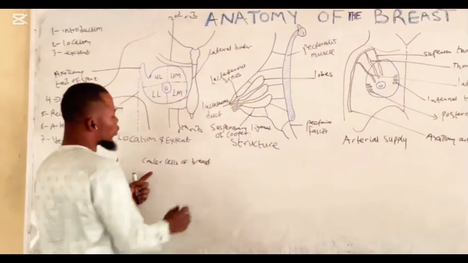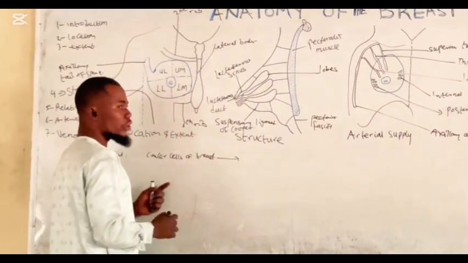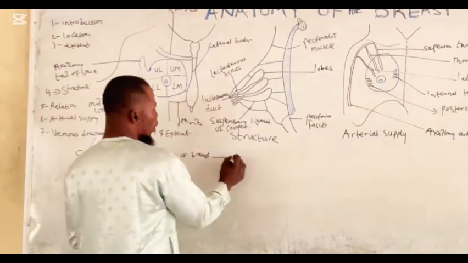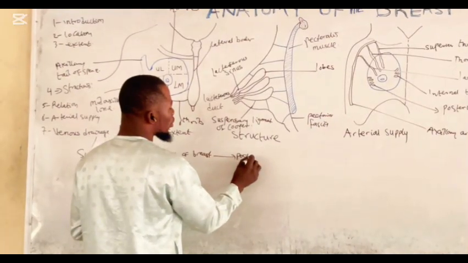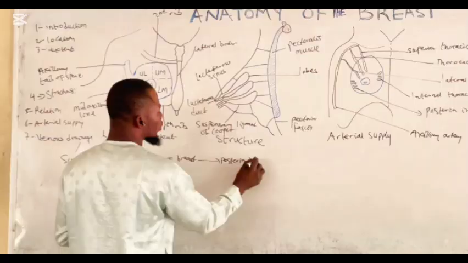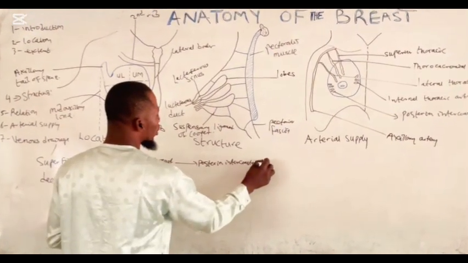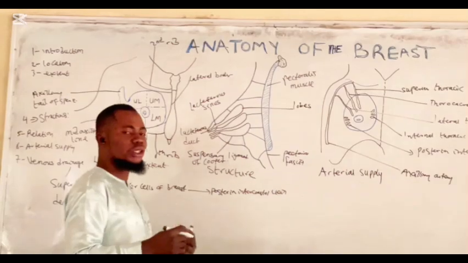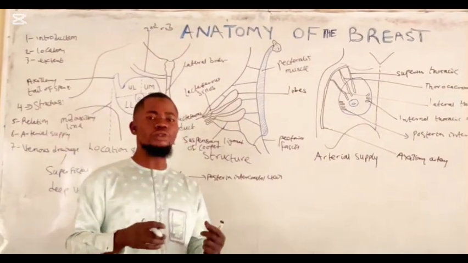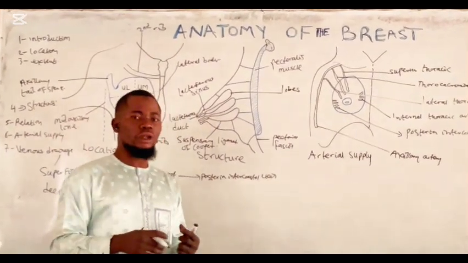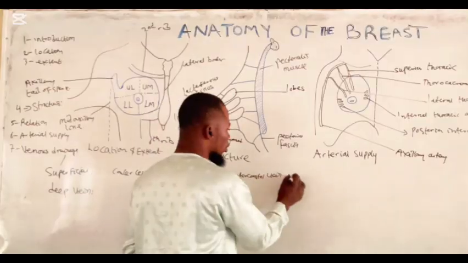The cancer cells of the breast are drained through the venous drainage into the posterior intercostal vein. Then from the posterior intercostal vein, they move into the vertebral venous plexus.